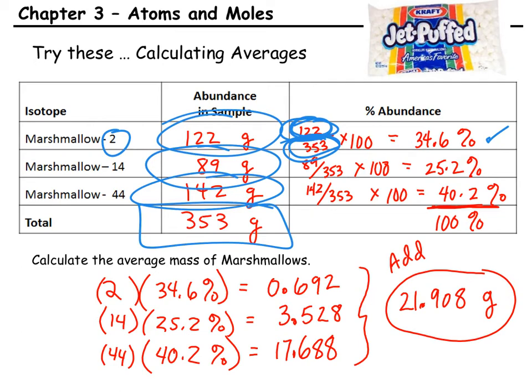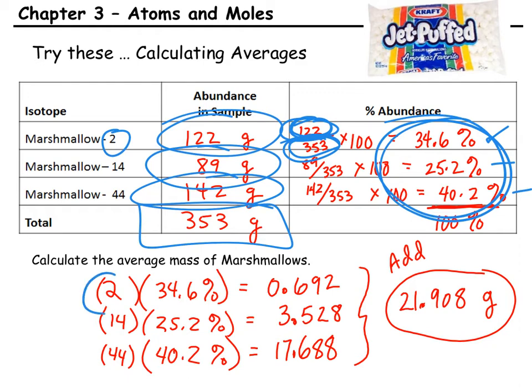And then I do the same for the 14-gram marshmallows and the 44-gram marshmallows, and I get the percentage of my sample of each one of them. Now, to find the mass, I would use these weights. These are the percentage abundance, which is the weight of each one.